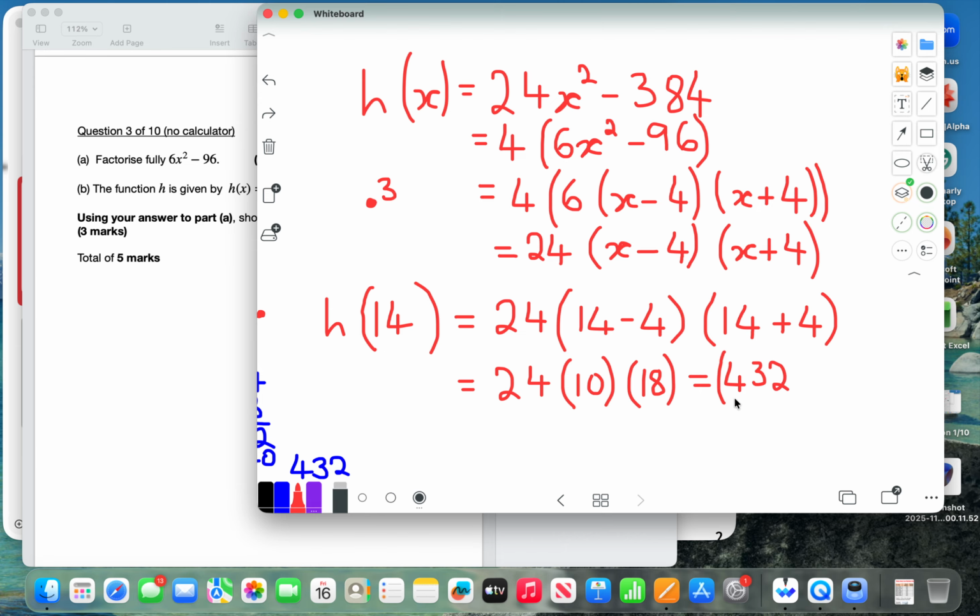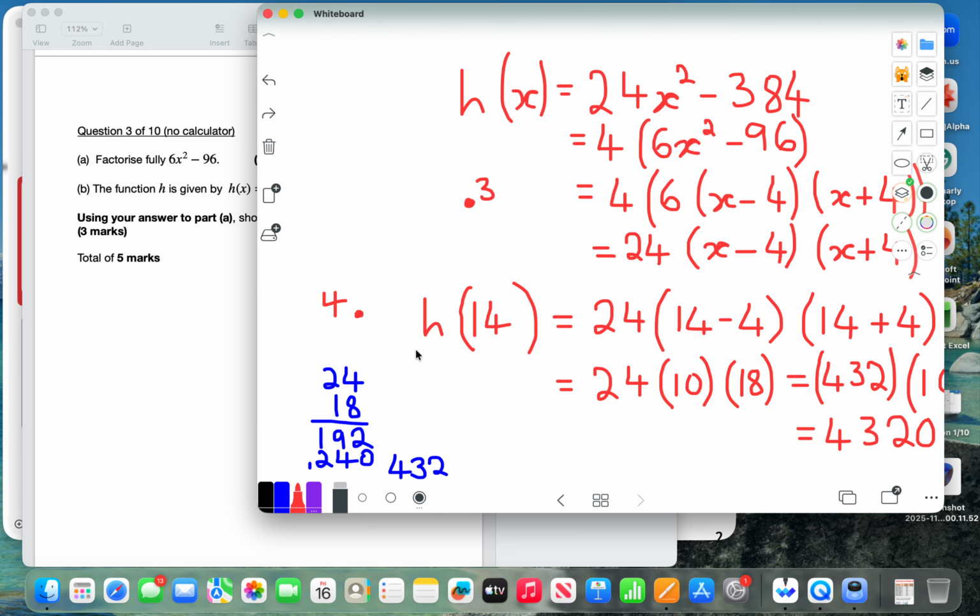Times 10. And that gives 4,320 as required. And because it's a show that question, you want to show every step of your working. You do not need the thing I wrote in blue.